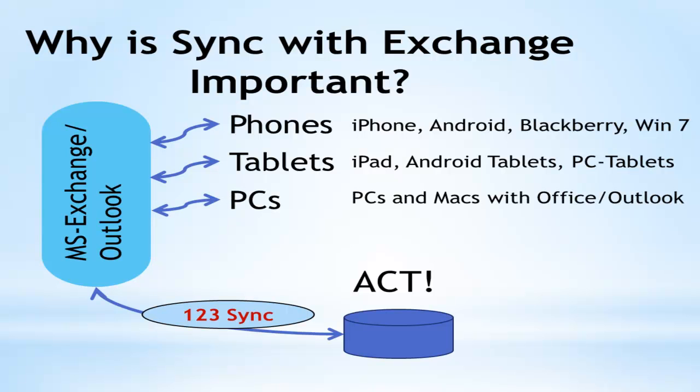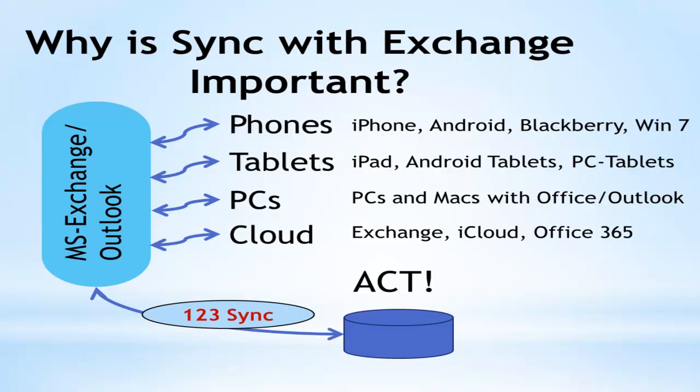That's where Outlook connects to, and the web. And so you can access all the data in Exchange through just a simple web browser. As well, Exchange synchronizes with the clouds, meaning it will synchronize with other Exchange servers, it synchronizes with the iCloud, and it synchronizes with Office 365.